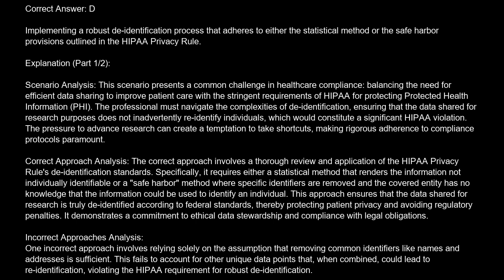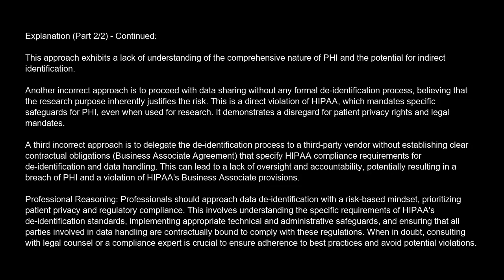Incorrect approaches analysis. One incorrect approach involves relying solely on the assumption that removing common identifiers like names and addresses is sufficient. This fails to account for other unique data points that, when combined, could lead to re-identification, violating the HIPAA requirement for robust de-identification. This approach exhibits a lack of understanding of the comprehensive nature of PHI and the potential for indirect identification.